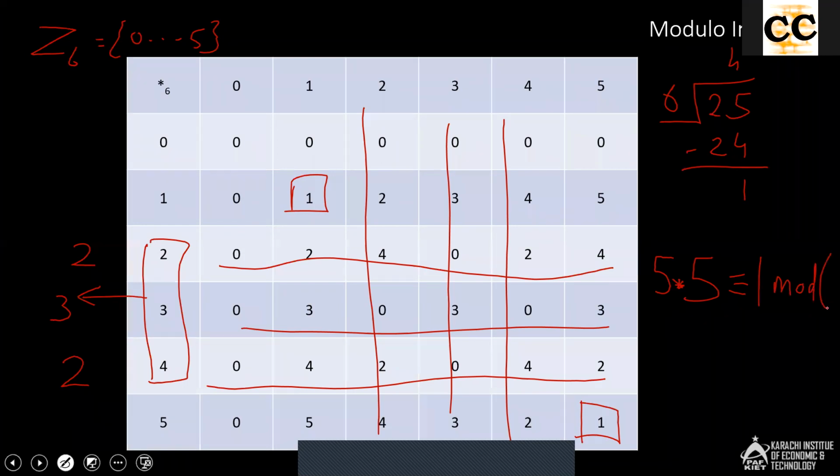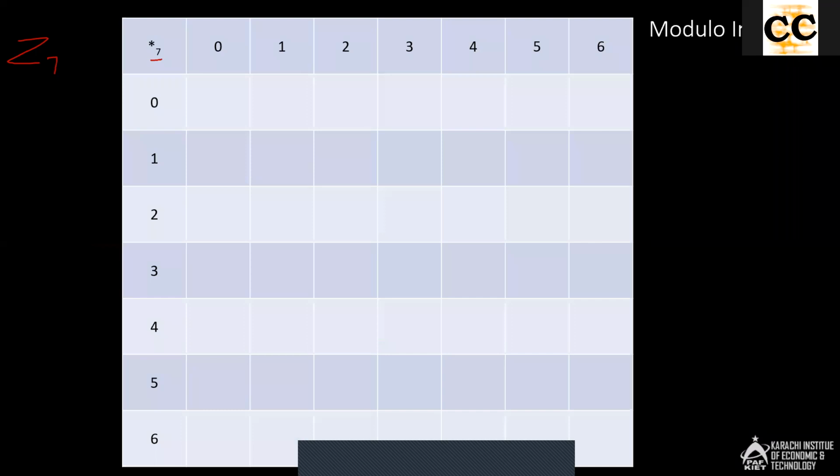In mod 6, the multiplicative inverse of 5 is 5 itself, and the multiplicative inverse of 1 is 1 itself, and the rest of the numbers in the set Z6 do not have any multiplicative inverse. So let's try and find the multiplicative table and inverse of all the integers that lie in the set Z7.